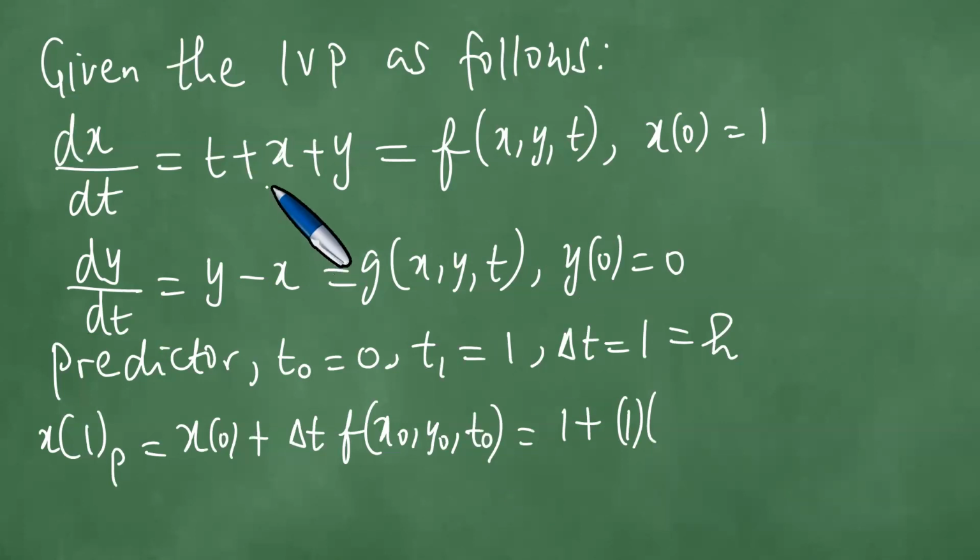We called f the sum of everything, so we're going to add x0, y0, t0. Now t0 is 0. What is y0? Y0 is also 0.